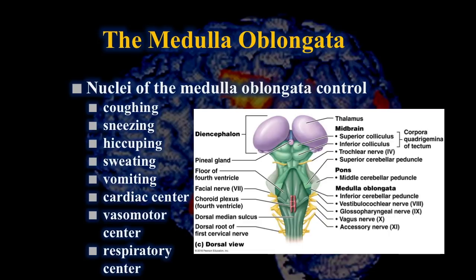The nuclei of the medulla oblongata control coughing, sneezing, hiccuping, sweating, vomiting, the cardiac center, the vasomotor center, and the respiratory center. So we're controlling the heart. We're controlling vasomotor, which is the diameter of your blood vessels, so controlling your blood pressure. And the respiratory center controls how you breathe, how fast, how slow, things like that.